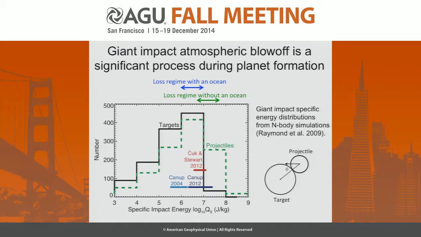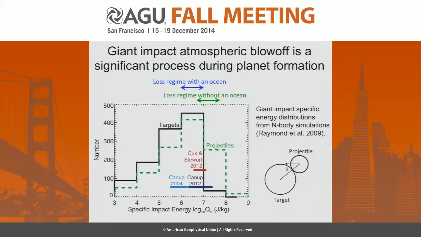There are some events that have very little loss, and most of the smaller projectile impacts experience substantial atmospheric loss just from that initial shock wave that occurs during the first hour of the contact between the two bodies.